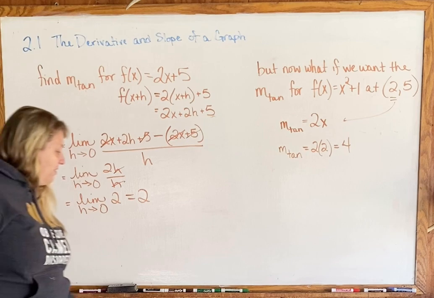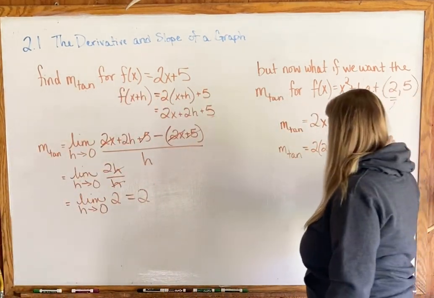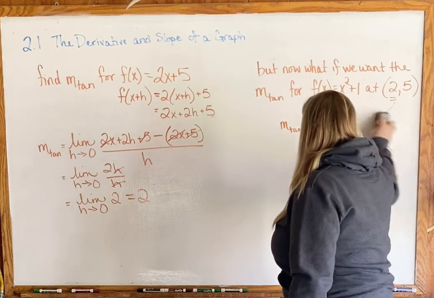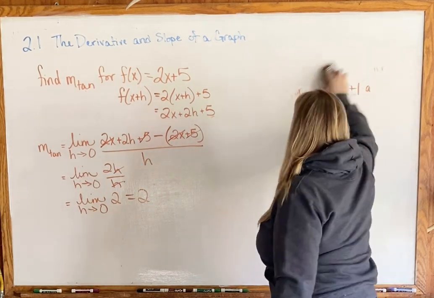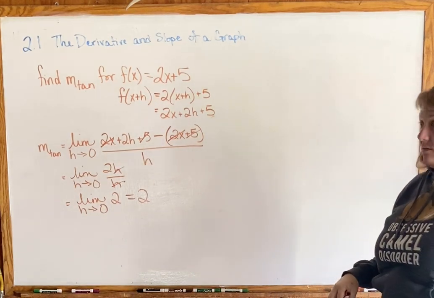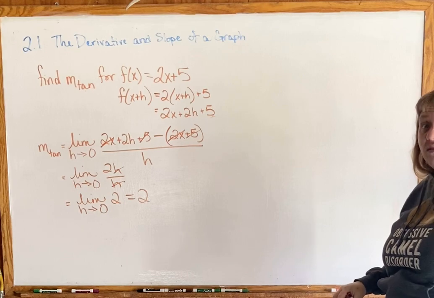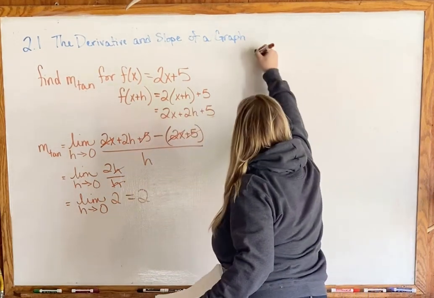Now, this little process that we've done twice, and we're going to do it a couple more times here, this m tangent. Another way of talking about this, instead of me continuing to say m tangent, is to call this what it's called, and that is the derivative. What we're finding here is the derivative.